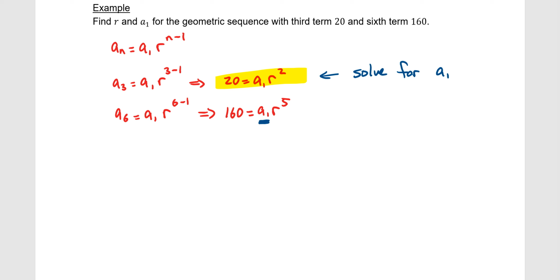It's essentially the substitution method. Let's solve that for a1. All we have to do is divide both sides by r squared. We get a1 equals 20 divided by r squared.